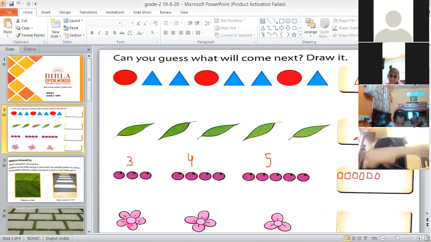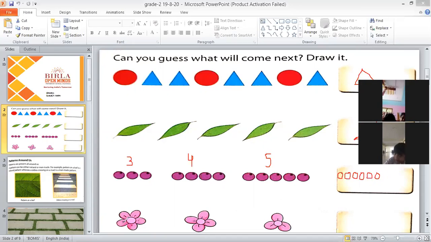A flower is there. So now in this flower, we'll count the number of petals. Okay? So now see here, in the first flower, how many petals are there? We'll count. 1, 2, 3, 4, 5. 5 petals are there. Again, I'll count 1, 2, 3, 4 and 5. 5 petals are there.